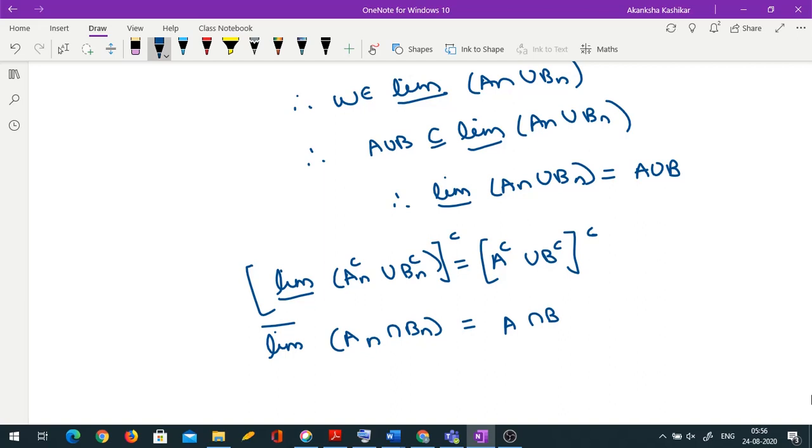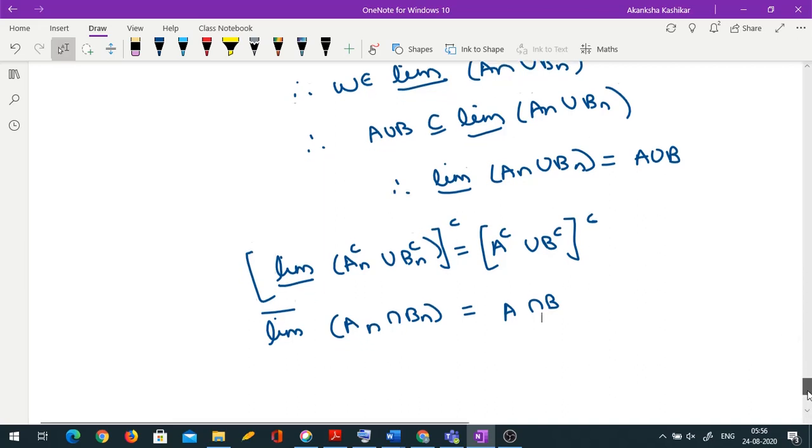So what we have got is liminf of A_n union B_n is the same as A union B, and lim sup of A_n intersection B_n is the same as A intersection B. But we want to prove that the limit of A_n union B_n is A union B.